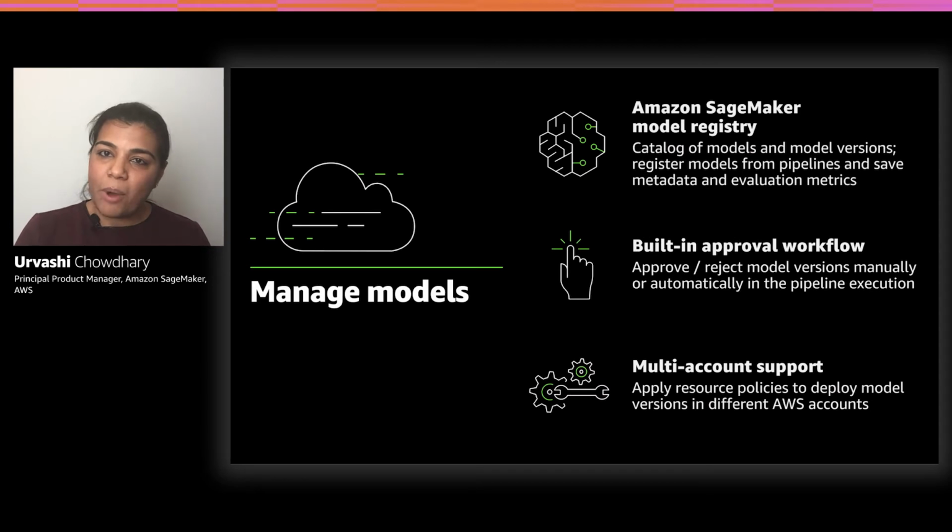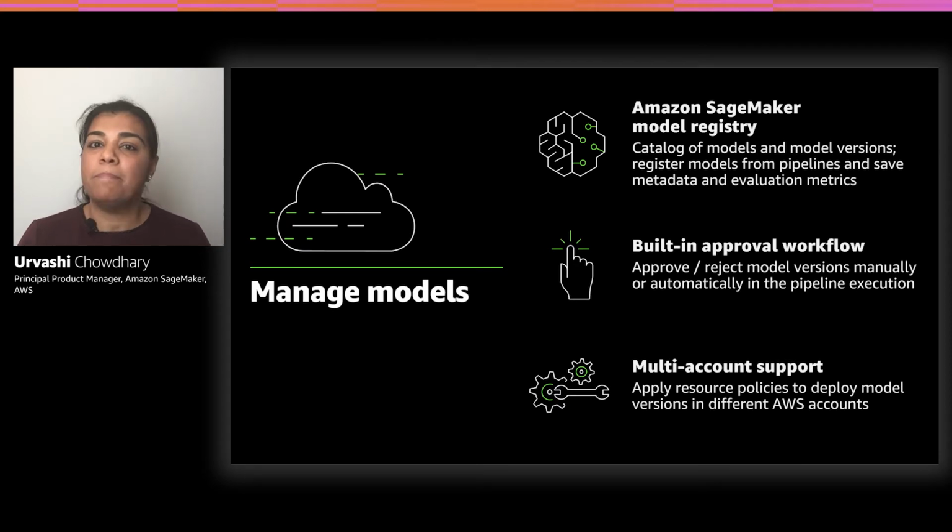So now that we have our model building pipeline, which is running a DAG and creating models, you can register models into the model registry. The model registry is a catalog for models and versions. When you register models, SageMaker automatically versions them. And you can also associate metadata as well as metrics with your models when you register them to the registry.